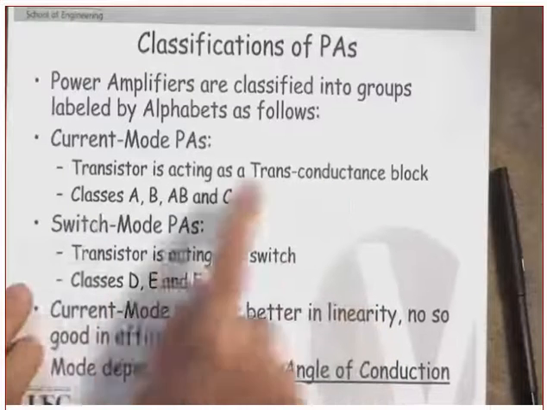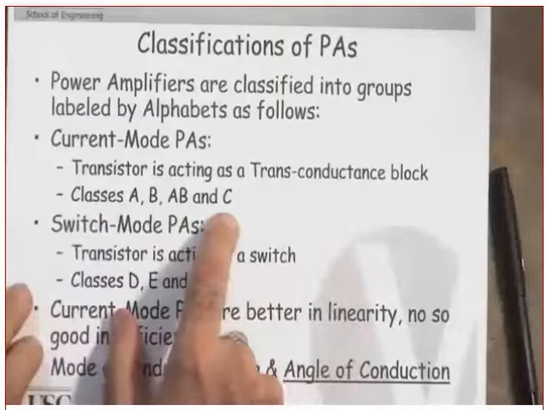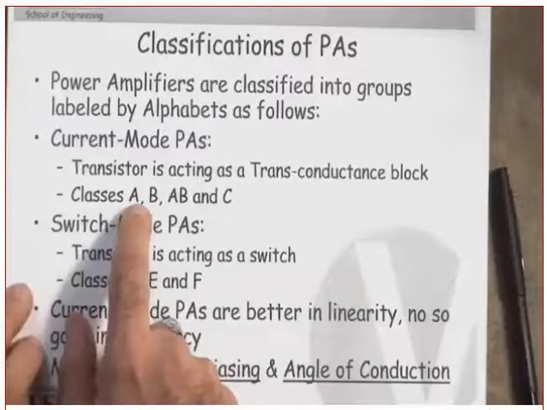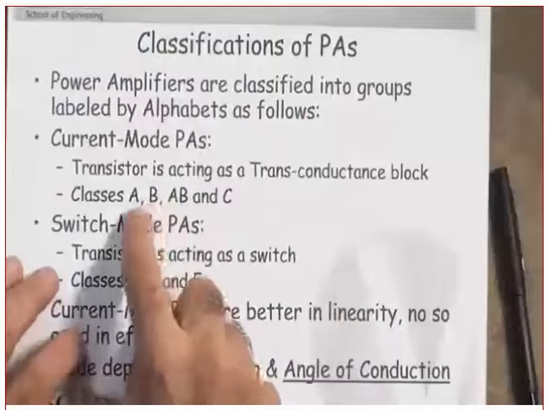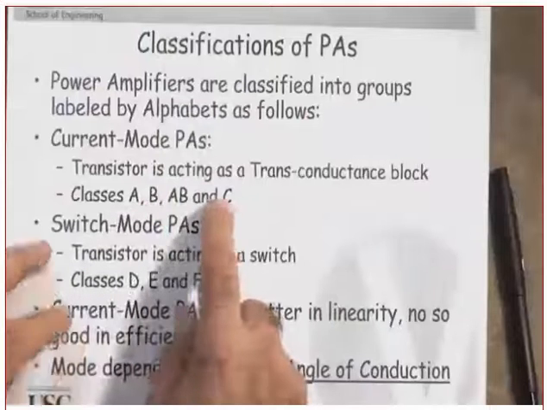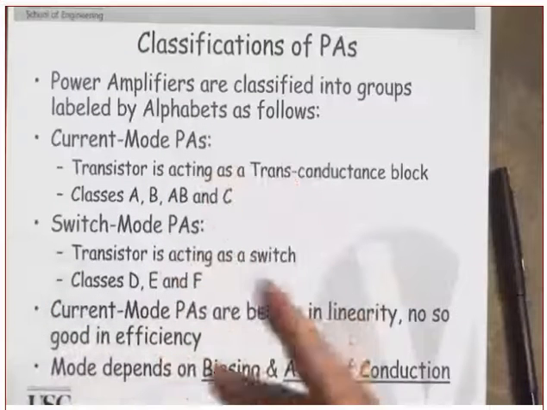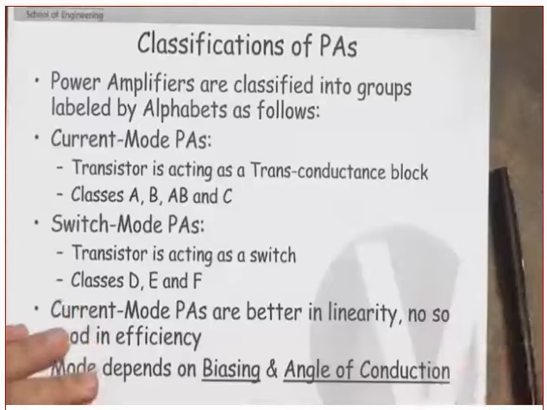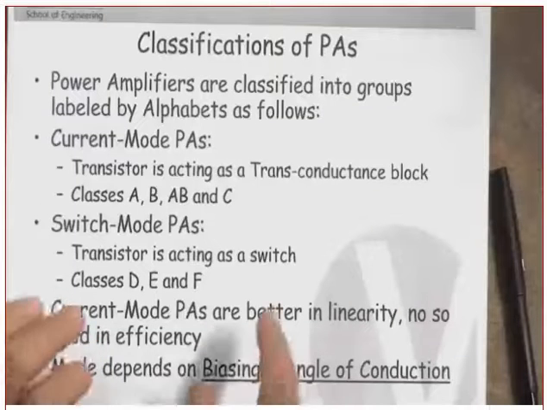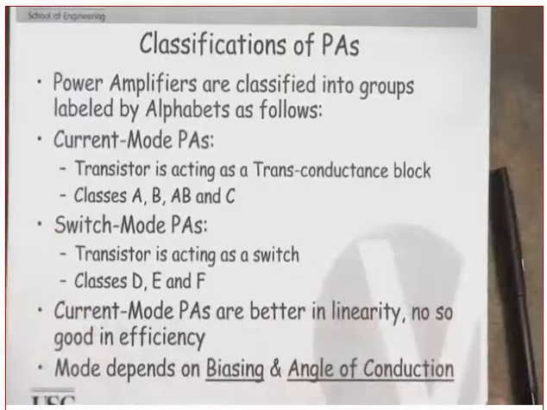In the other one, by the way, the classes are A, B, and C. We will only talk about A, B, and C. AB is somewhere between A and B. We will see that the circuit, the amplifier, is the same for all classes. What differs is where I bias my amplifier. Did you get this or not? And it's what is known as the conduction angle.